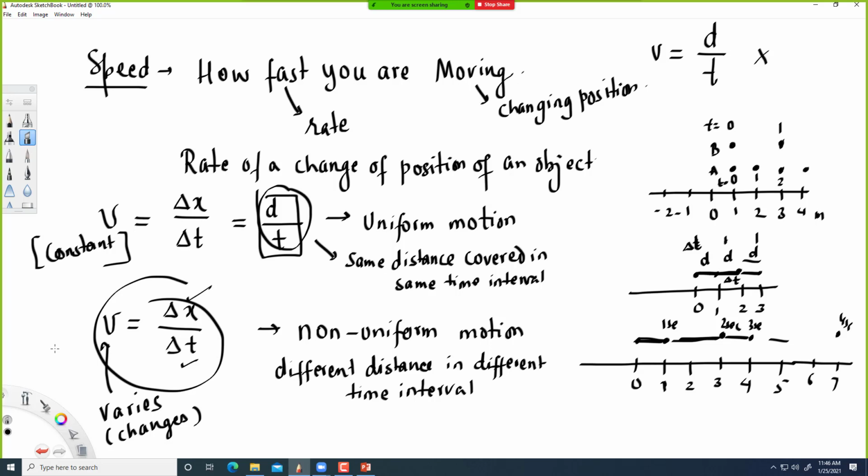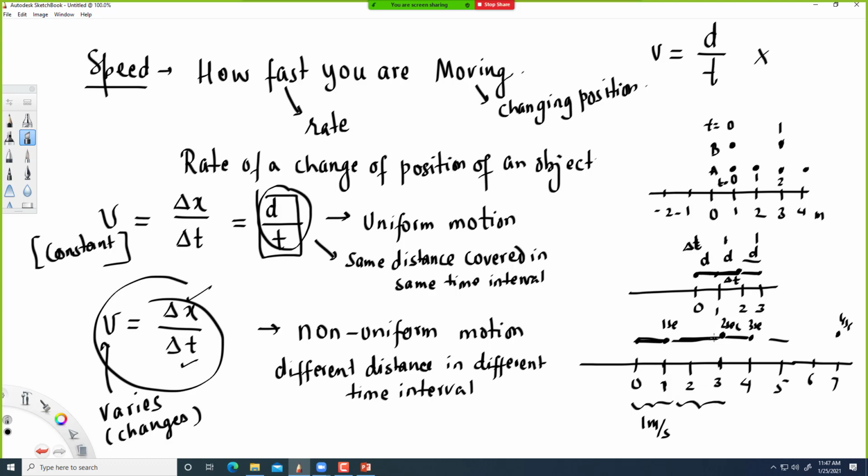So when we are talking about non-uniform motion, at each instant you will have a different speed. For example, from 0 to 1 second, from here to here, our speed is 1 meter per second because it traveled 1 meter in 1 second. From here to here, what's the speed?